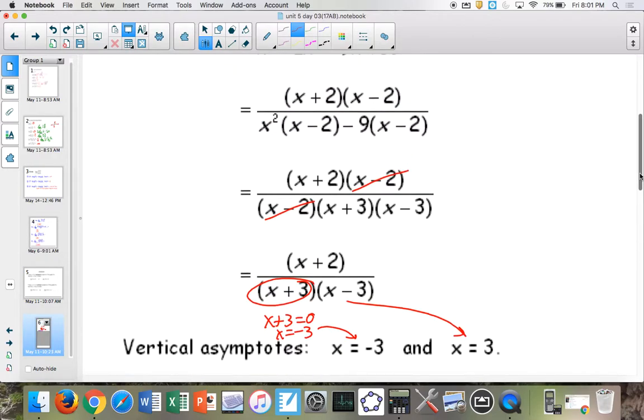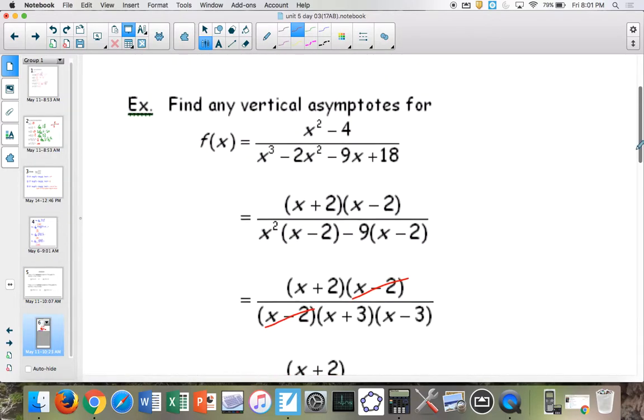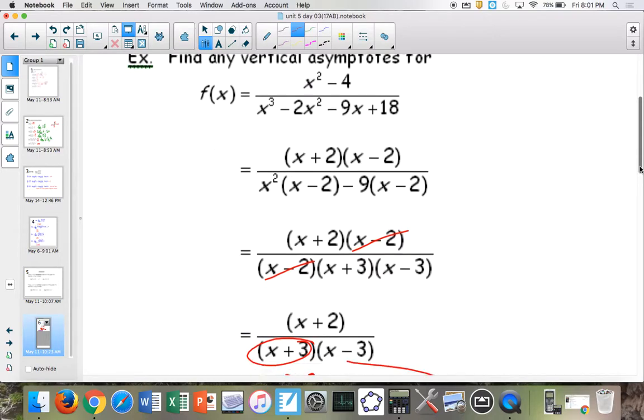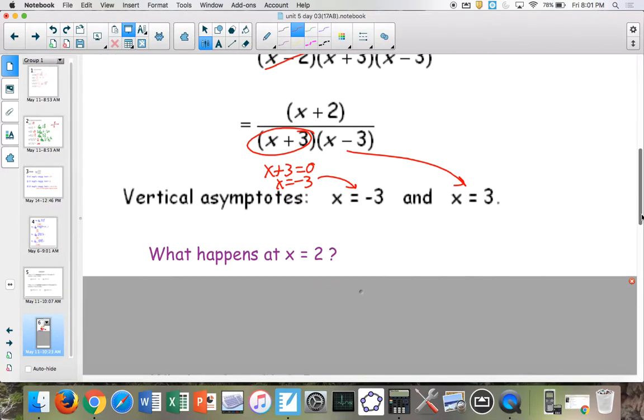Now, the original function before I simplified it is not defined at x equals 2 because we get a divide by 0. But as we talked about earlier, when you can cancel factors in the denominator, those are not going to be vertical asymptotes, but those are holes in our graph. So our function is continuous until we hit x equals 2. There's a hole in the graph, and then it continues on after that.